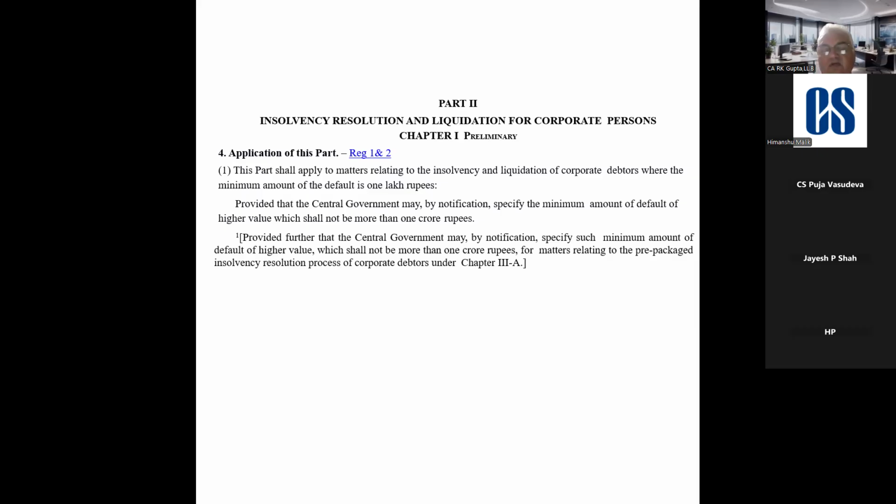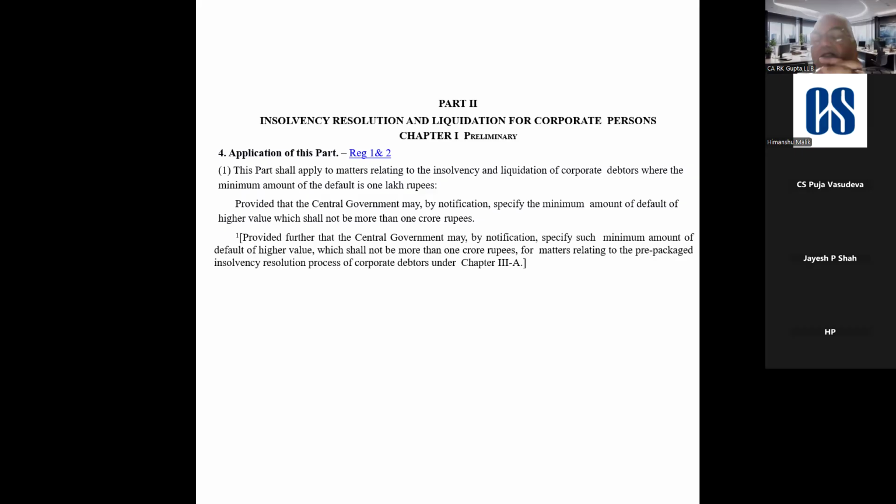The minimum amount of default is 1 lakh, and the government has reserved its right to increase it by a value not more than 1 crore, and they have exercised this option. In respect of prepack, the minimum amount of default is 10 lakh rupees, and this prepack process is restricted to corporate MSMEs only.